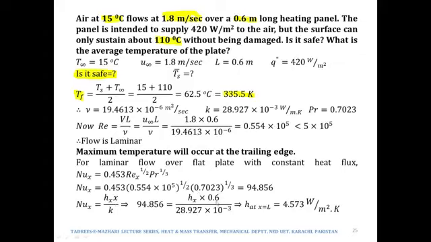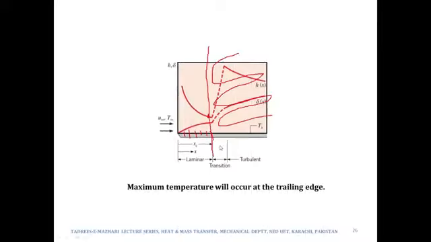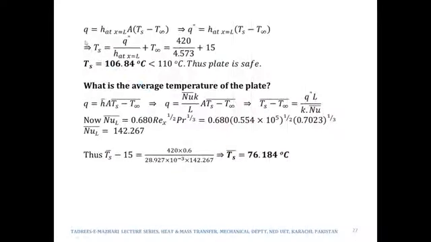So therefore we get h at x equal to L, h at the trailing edge, as 4.7 watts per meter square Kelvin, and then we will put this value of h in this expression of Q is equal to hA delta T. The heat flux is given to us as 420. So we will get the value of Ts from this expression as 106.8 degrees Celsius, which is less than the maximum value of the temperature that was mentioned in the problem. Therefore the plate would be considered as safe.